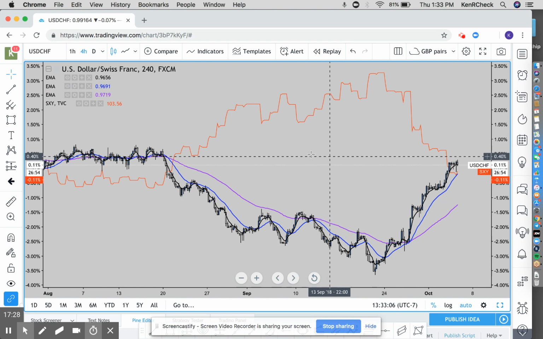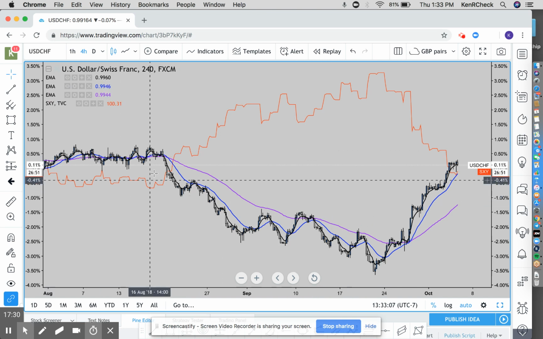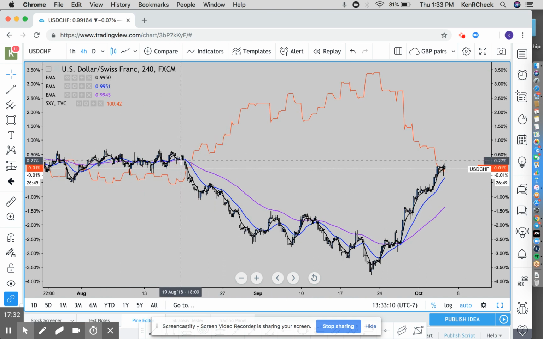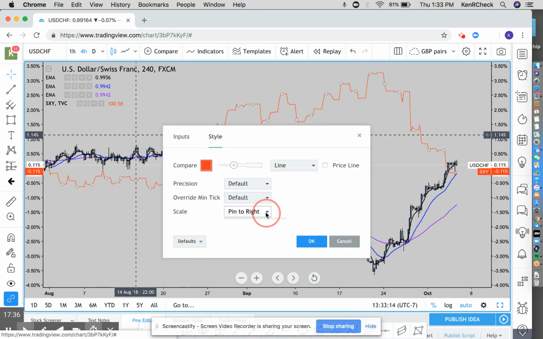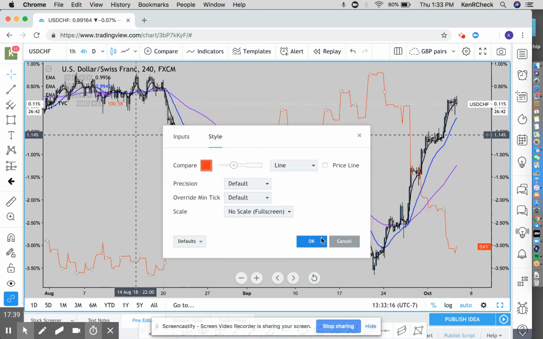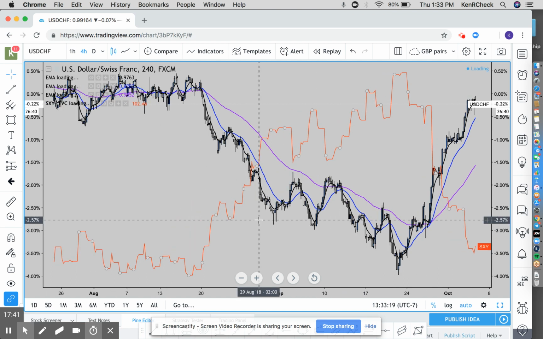Right, perfect. So you can see that it correlates in different directions. I'm going to click on format. All right, perfect. So you see that it moves in different directions.